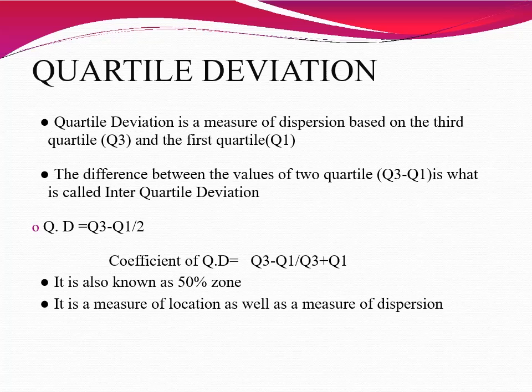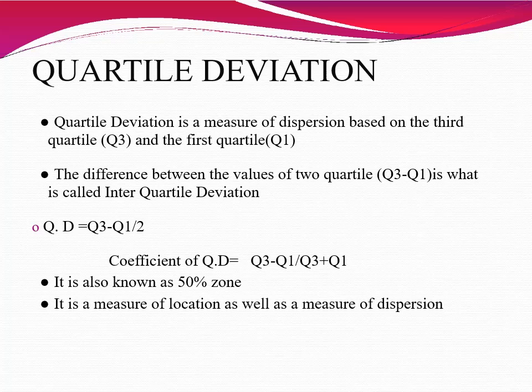The range so obtained is divided by 2 and we are considering only half of the data. Thus, the quartile deviation measures the difference between the values of Q1 and Q3 and it is symbolically denoted as QD. Now, let us also understand what our coefficient of quartile deviation is.